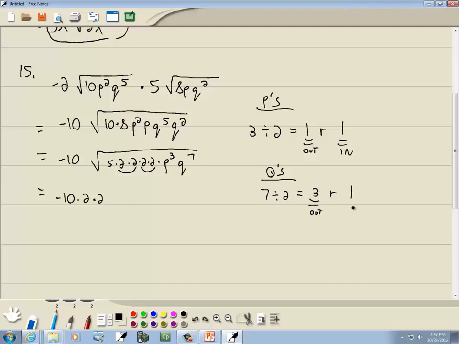And again, this is how many come out, and this is how many stay in. Okay, so we're going to have 1 p come out, we're going to have 3 q's come out. Those 2's are gone, we're left with a 5 inside. We have 1 p left inside, and we have 1 q left inside.